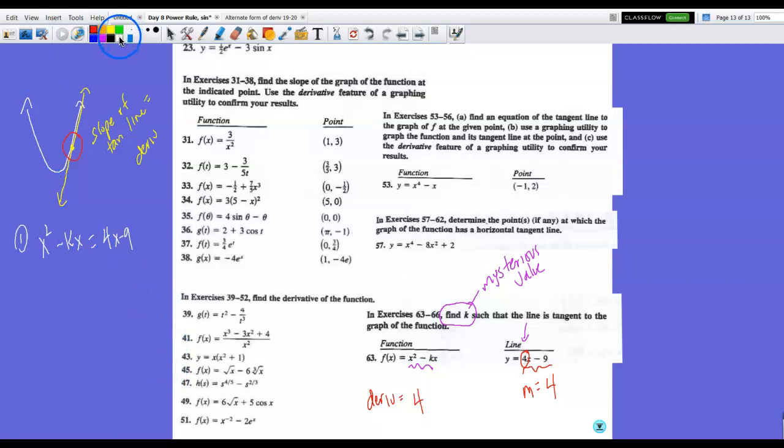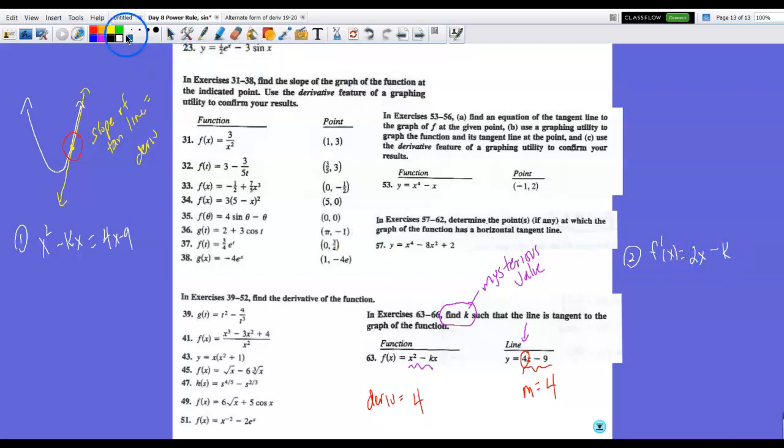Now over here on the other side of the screen, the second implication that I just mentioned is that the derivative of the parabola, so f prime of x, is 2x minus k, where k is a constant or a coefficient, and the derivative of kx is k.